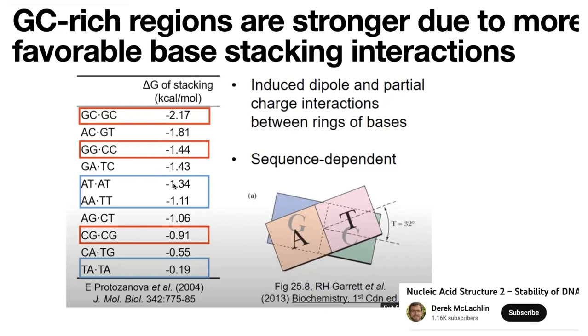With an AT-AT, we're still getting favorable interactions, but not nearly as much, just about negative 1.34. Therefore, if we wanted to pull apart these strands, we would have to put in the opposite amount of energy. We'd have to put in more energy to pull apart the GC-GC than the AT-AT.